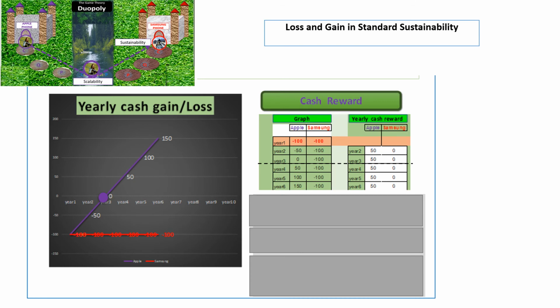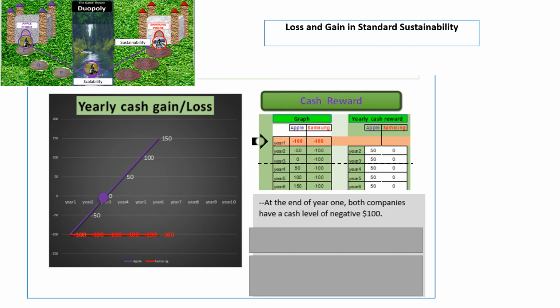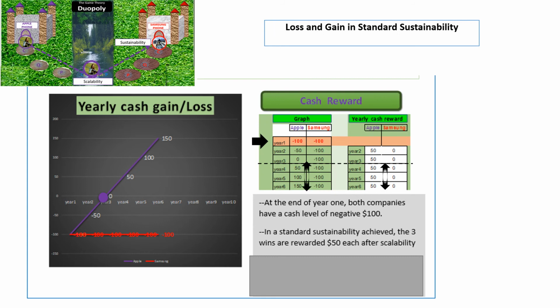This is a numeric assessment in terms of loss and gain in standard sustainability. At the end of year 1, both companies have a cash level of negative 100,000. In a standard sustainability achieved, the 3 wins are rewarded 50,000 each after scalability.